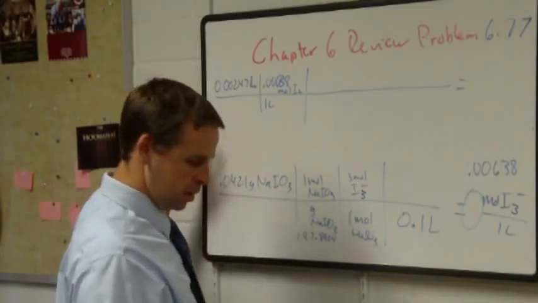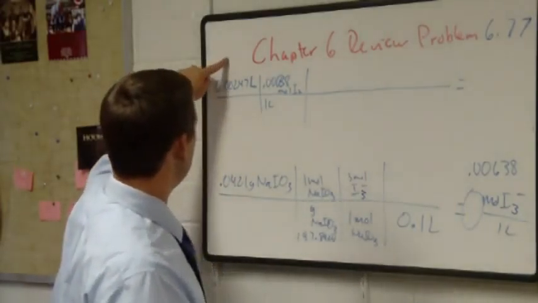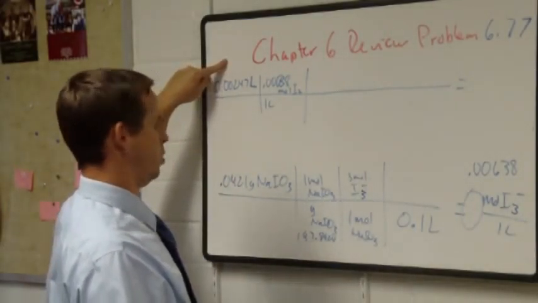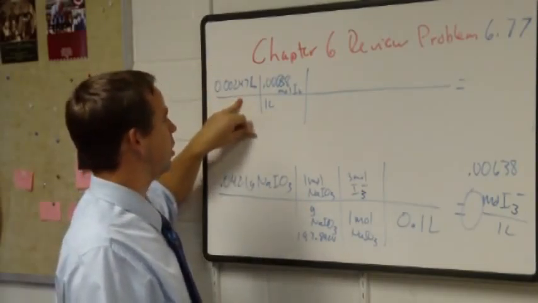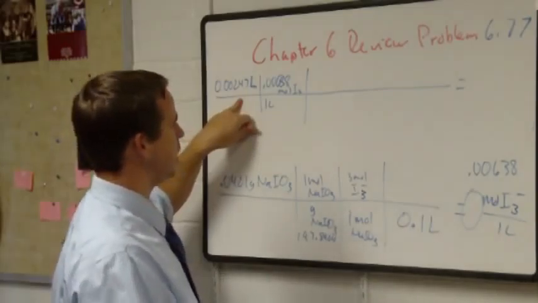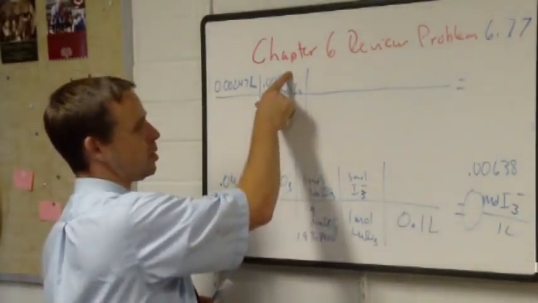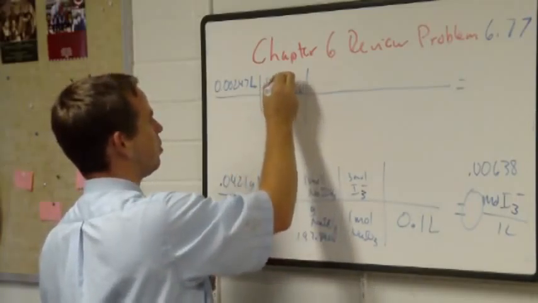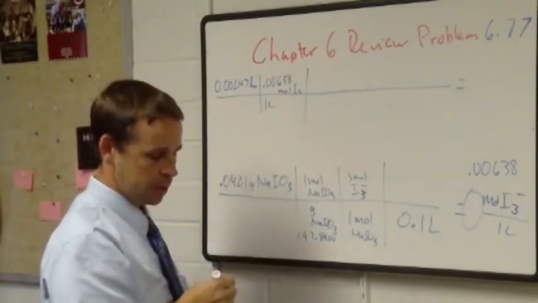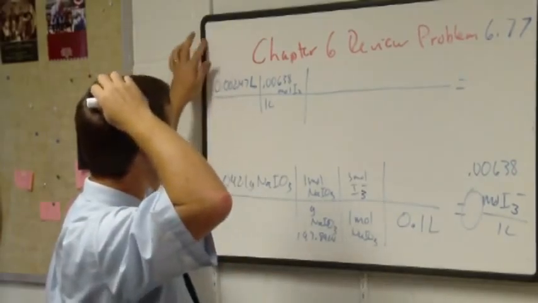And then it says it required 0.00247 liters of that stock solution that was made. All right? And the stock solution's concentration was 0.00638 moles for every liter. Okay, so that's how many liters were required.